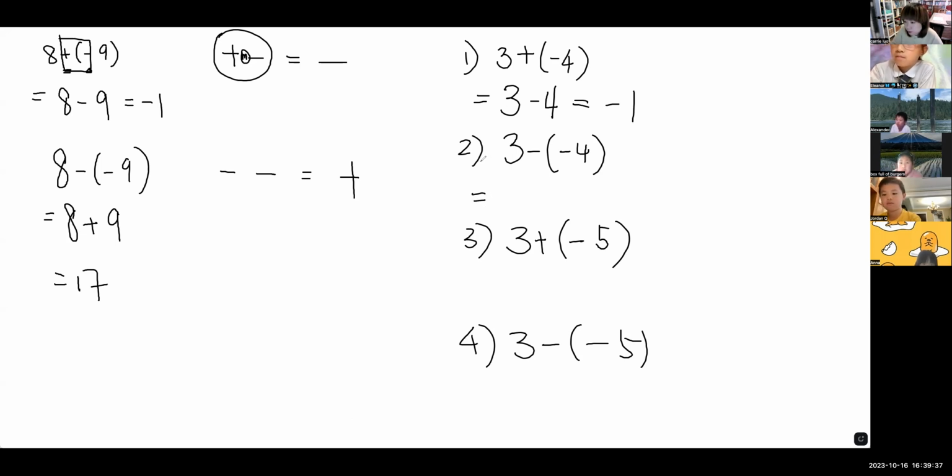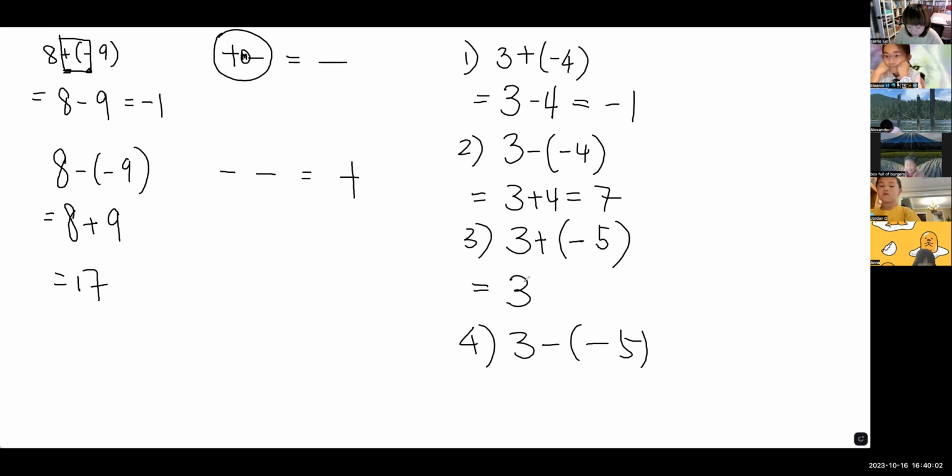Next one, a box full of booger. Can you tell me 3 minus negative 4 equals what? 7, because it's 3 plus 4 equals 7. Very good. Next one, Alexander. 3 plus negative 5 equals what? Negative 2. Why?